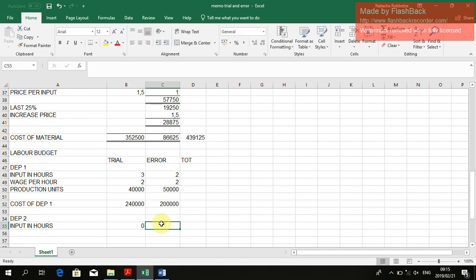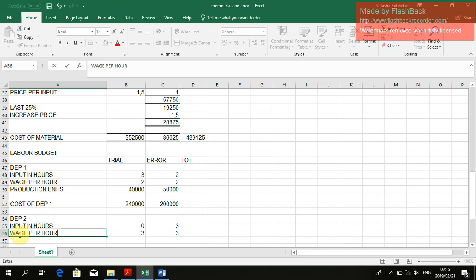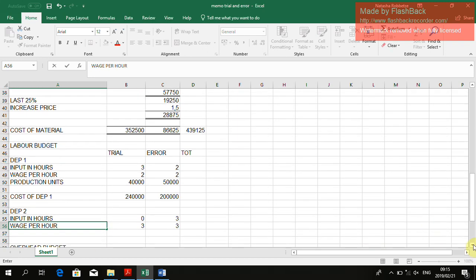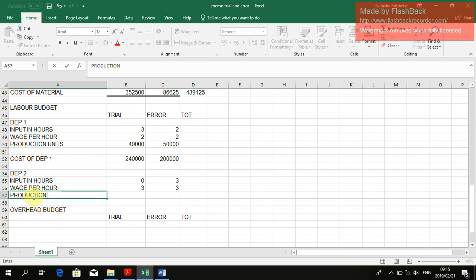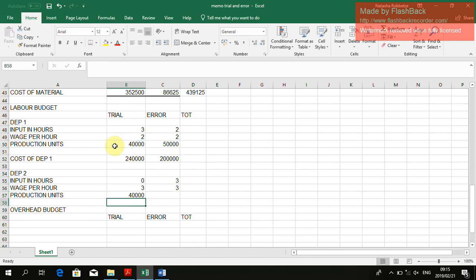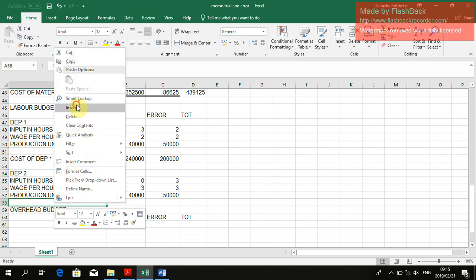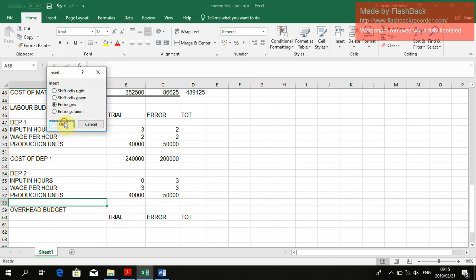But for error in the second department, there was 3 hours and the wage there was 3 rand. Then wage per hour. Again, we need to go and find our production units. It will be the same as previously. And then we can go and do a calculation to get to a final answer.